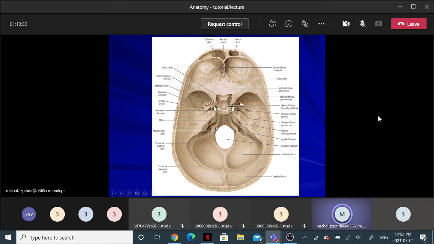And here we can see the jugular foramen between the occipital and petrous temporal bones. Apart from nerves, through its smaller medial part passes the inferior petrosal sinus.